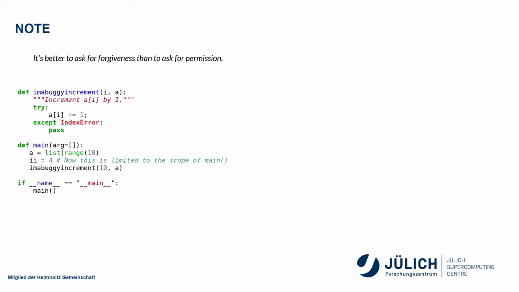It's better to ask for forgiveness than to ask for permission is kind of a Python philosophy. Although when we get to CUDA, I'm going to tell you exactly the opposite, because we don't have exceptions there. But here we do, and then we should take advantage of them. So the code would have been better written in this way. It would have thrown an exception when the index would have been wrong, but we wouldn't have had this weird bug.